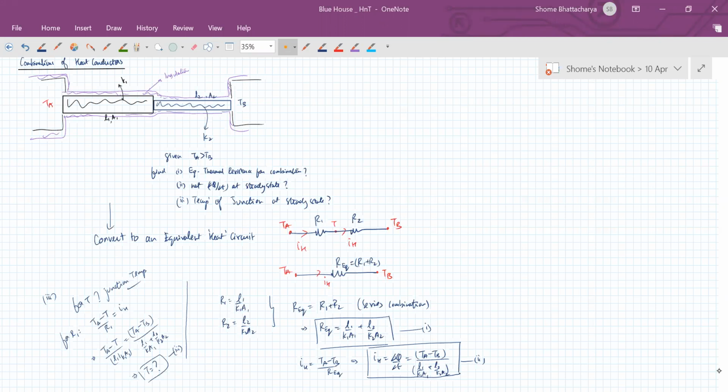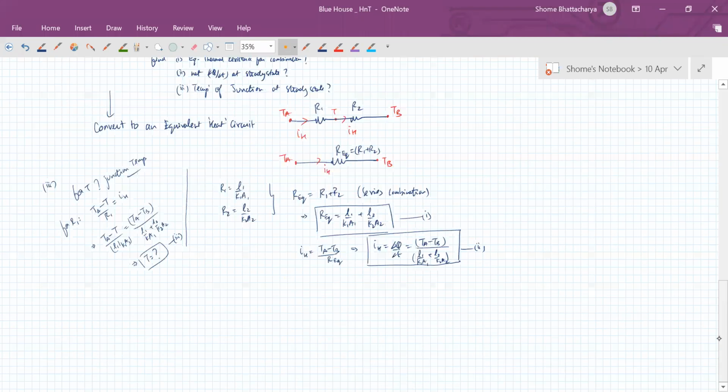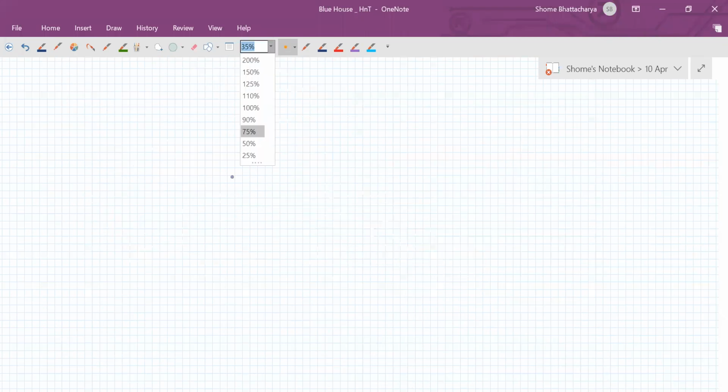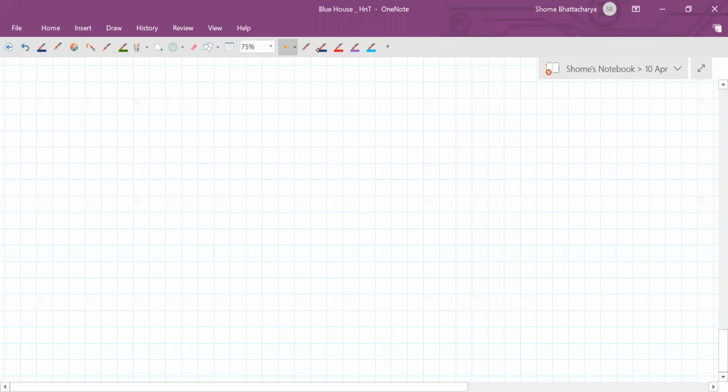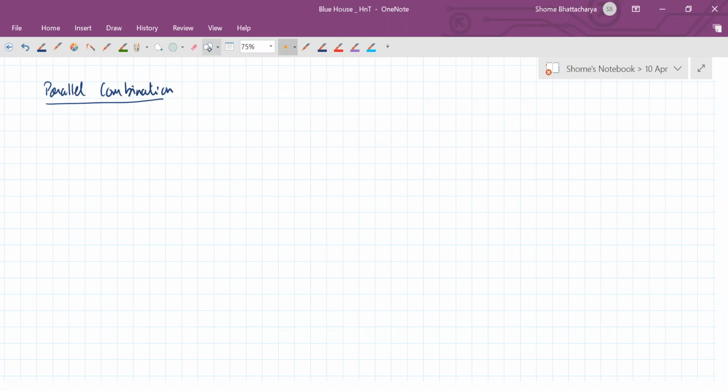Okay, so I hope this concept of series combination is clear. Now likewise, we can have a parallel combination also. Don't worry, we'll come back to that question later.